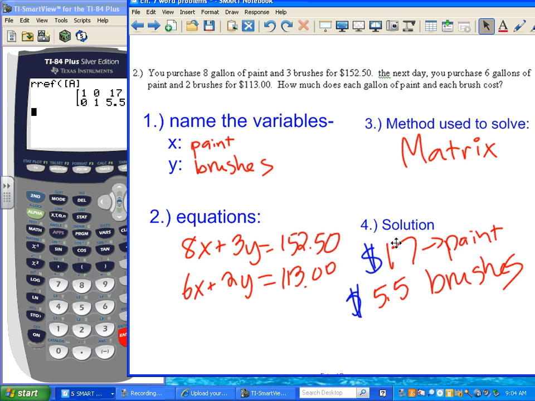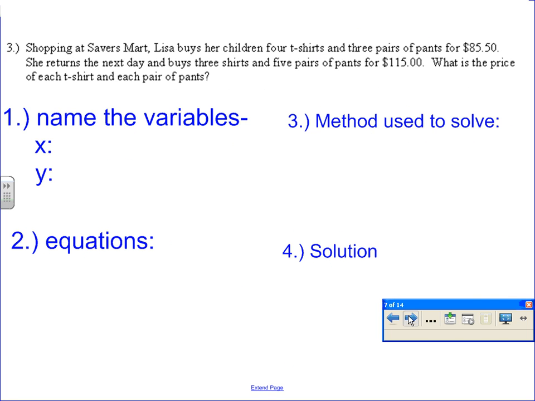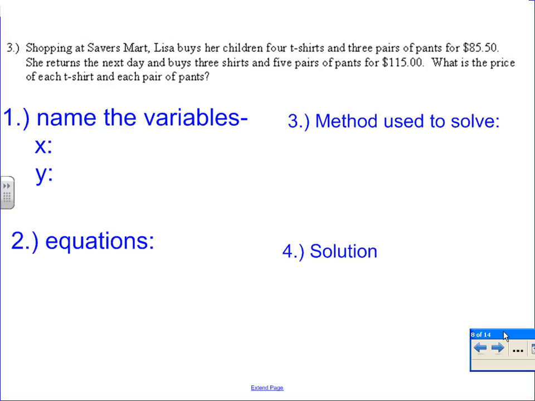Okay, number 3. Okay, it says, shopping at Savers Mart, Lisa buys her children 4 t-shirts and 3 pairs of pants for a total of $85.50. She returns the next day and buys 3 t-shirts and 5 pairs of pants for a total of $115.